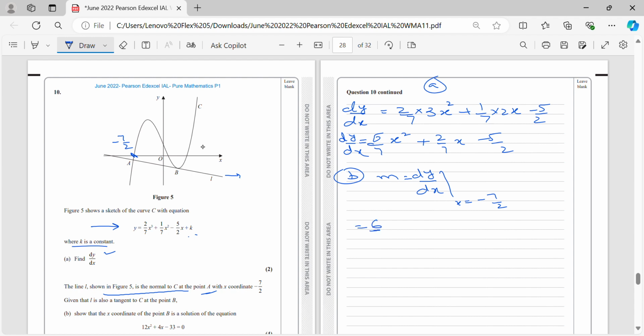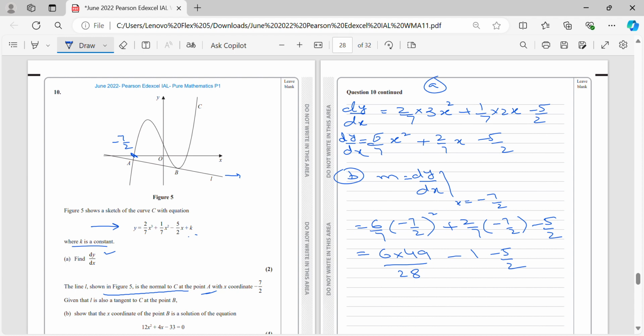So 6 over 7 into minus 7 over 2 plus 2 over 7 into minus 7 over 2 and minus 5 over 2. So this is 49 and 2 raised to power 2 is 4. 4 times 7 is 28 and minus 1 minus 5 over 2. Let's use a calculator. 49 times 6 is 294.